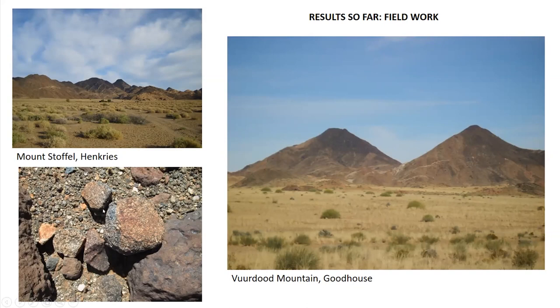The gabbros typically weather to rounded boulders with a speckled appearance, and the ultramafic rocks weather to a red-brown color. You can differentiate between them from a distance. The reddish weathering rocks will be the peridotites and pyroxenites, and the darker weathering rocks are the gabbros.